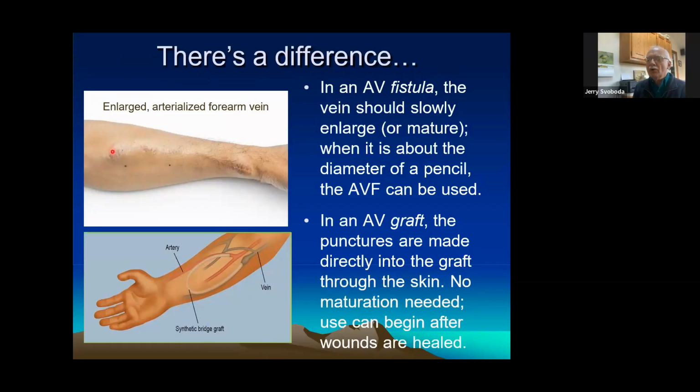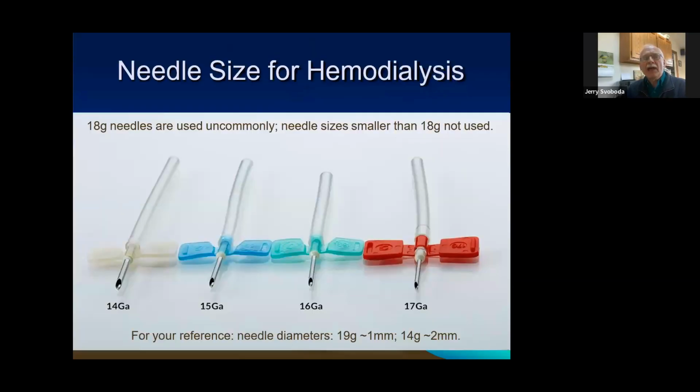In the picture below, you see one type of anatomic configuration, how a tubular prosthetic can be used to connect an artery and vein. There are many variations on this, but the difference here is between an AV fistula on top and an AV graft below. These are the size needles that are used to access either a graft or a fistula, and we'll be talking primarily about AV fistulas because graft material is expensive.